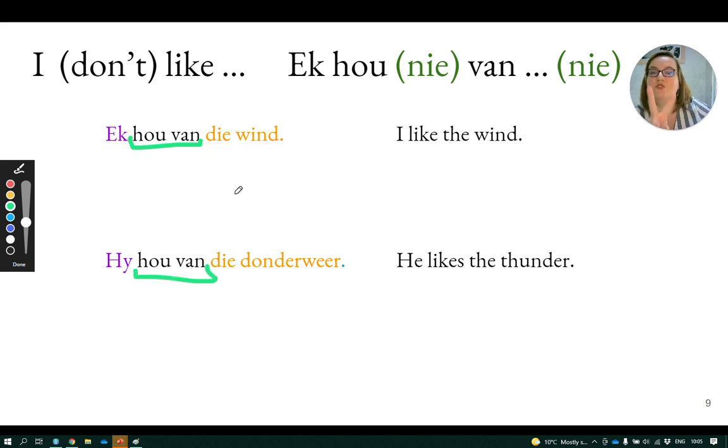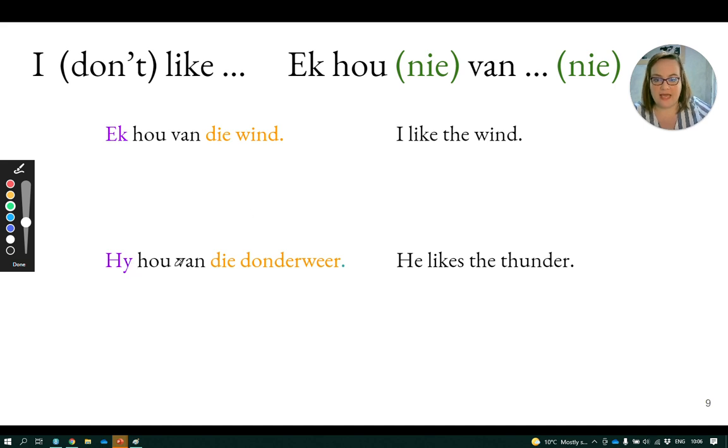Hou van is two words which means like. In this case, ek hou van die wind. This hou is the verb. And the nie negates the verb it wants to negate. Okay, it wants to make it negative. So you're going to add the nie between those two words, or between the verb. Ek hou nie van die wind, nie.